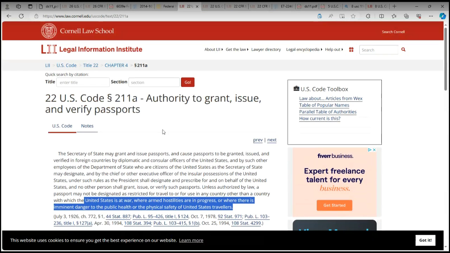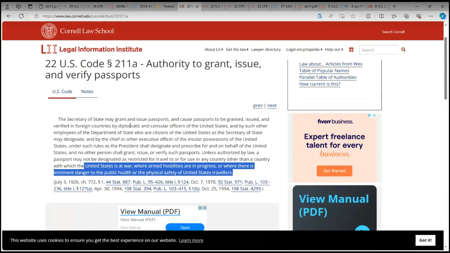This is what the authority is for this section. There shouldn't be much to break down here aside from this, except to the extent that they are restricting the passport to be used to go to these specific locations under this criteria. That's all that matters in this case right here.